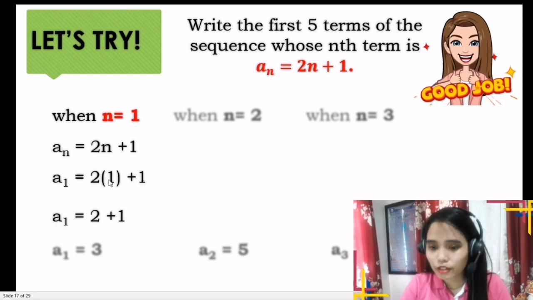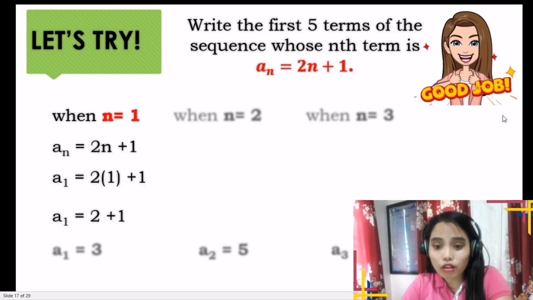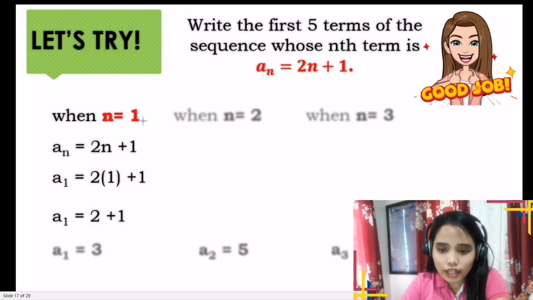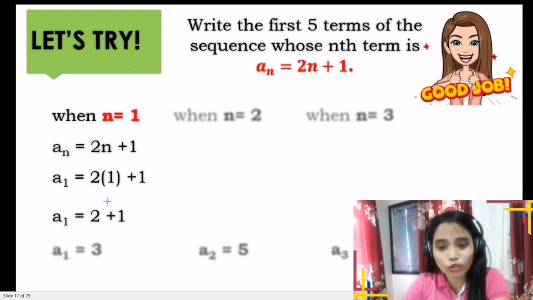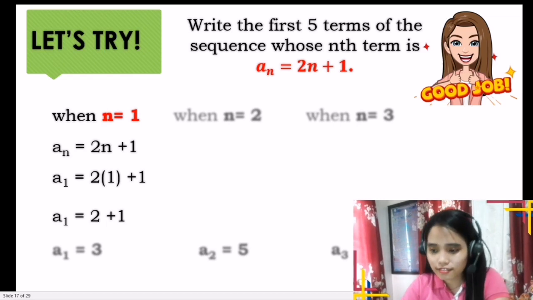Okay? So we have here a sub n equals 2n plus 1. So, sabi ko kanina, we will just substitute yung value ng 1 dito sa n. So, we have 2 times 1 plus 1. So, 2 times 1 is 2 plus 1 equals to, ano ang ating a sub 1? A sub 1 natin is 3.